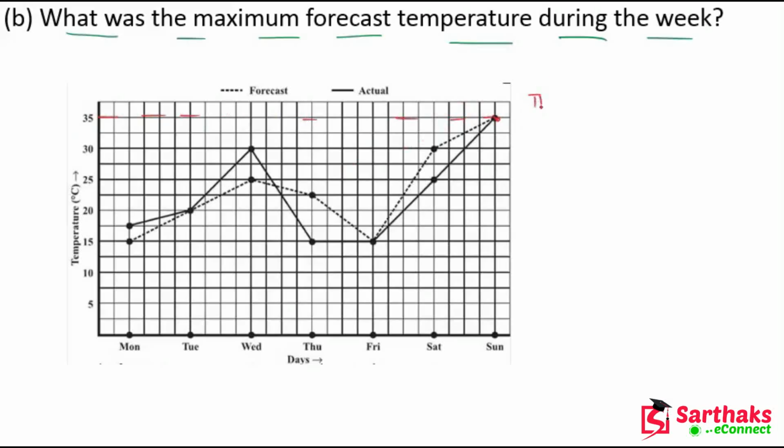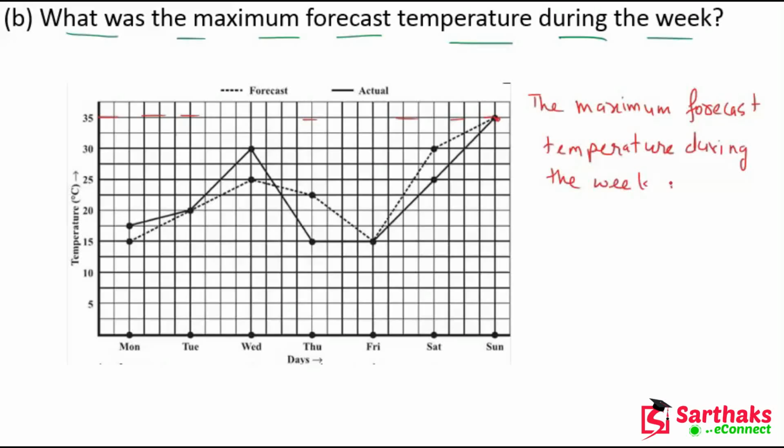So we can write it as: the maximum forecast temperature during the week was 35 degrees centigrade. What is 35 degrees centigrade?